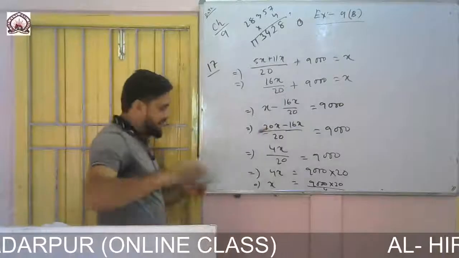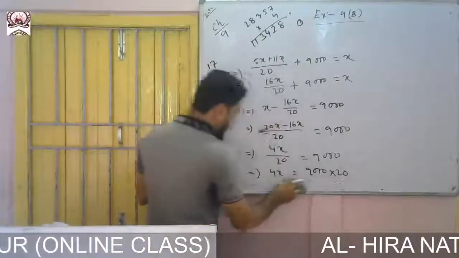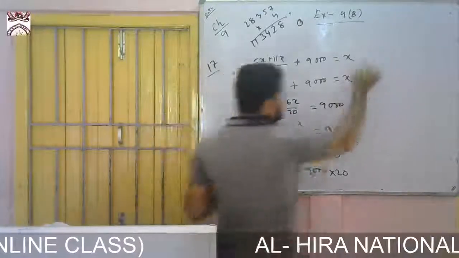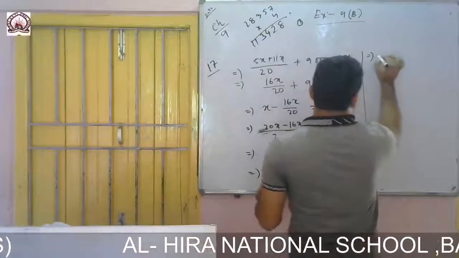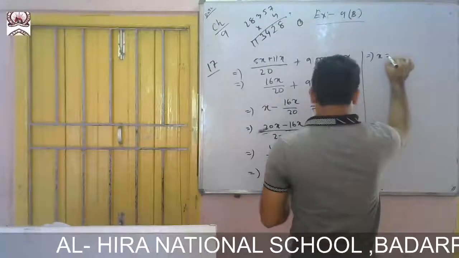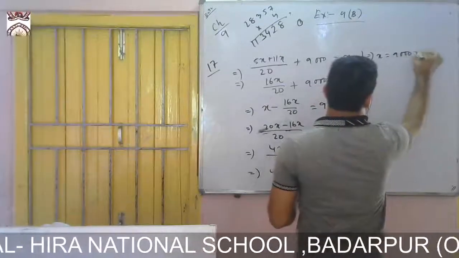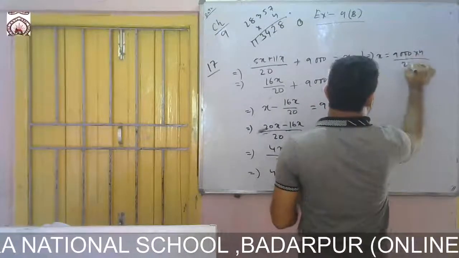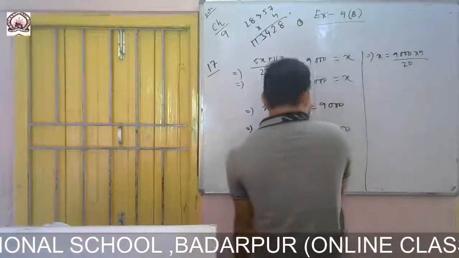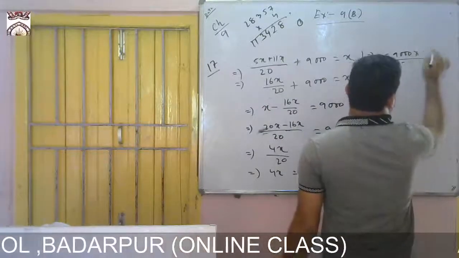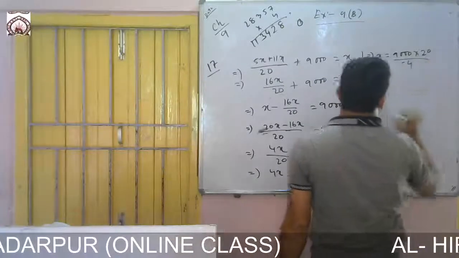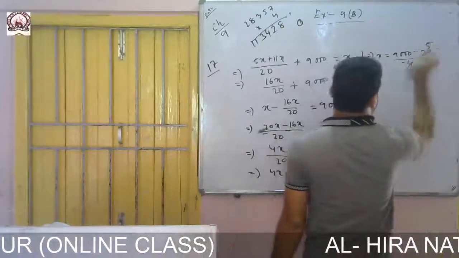Now x will be 9,000 into 20 by 4. Sorry, I wrote it wrong; it is 9,000 into 20 by 4. So 4 1s are 4, 4 5s are 20.